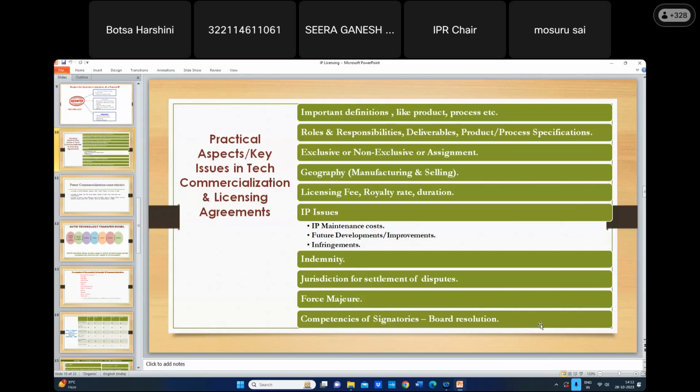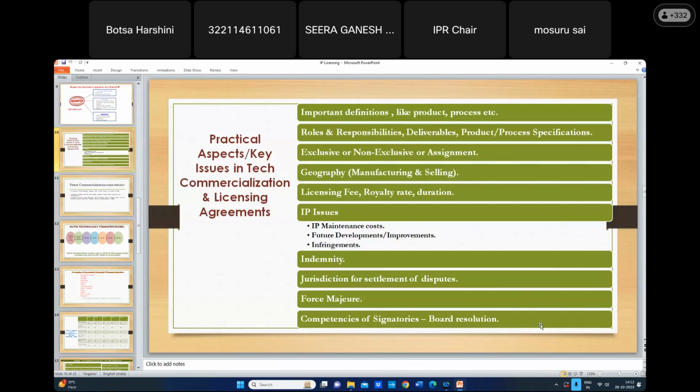If you got stuck because of that and did not mention it in your agreement, you will be stuck. The environmental approval will be given to the company only, not to the university or the research laboratory. But whatever information the pollution control board requires has to be provided by the technology transferring agency, the transferor. So it has to be clearly mentioned, otherwise you will land in trouble.